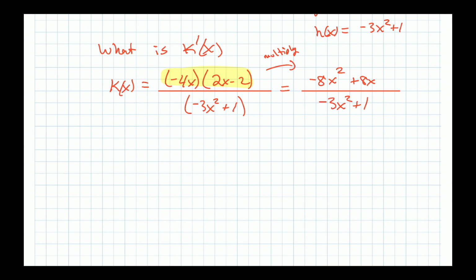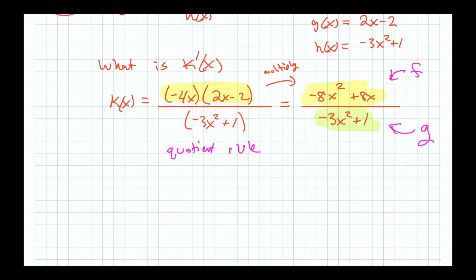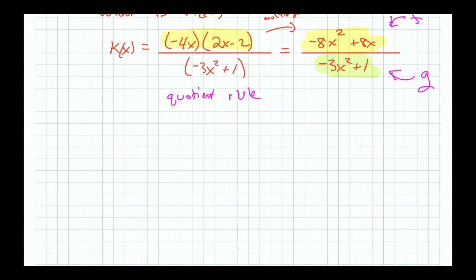Now from there, you've got a numerator, and you've got a denominator, right? So your numerator is what you're going to refer to as f for purposes of the quotient rule, and the bottom is g for purposes of the quotient rule. That's not what f and g originally are, but for purposes of the quotient rule.